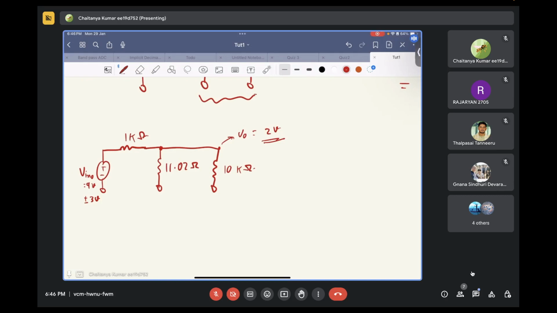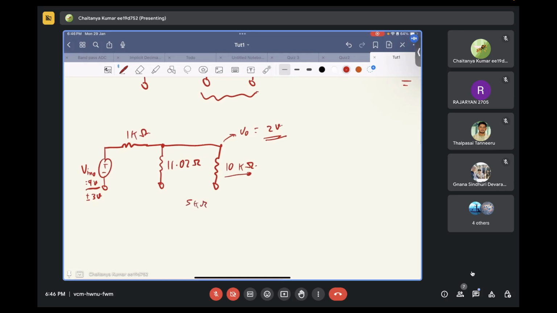Similarly, for load regulation, you will keep V in constant and vary this output resistance from 5 kilo ohms all the way up to infinity, and see what is the change in the output voltage. That will give you the load regulation. Now, can anyone tell which will be a higher quantity, line regulation or load regulation?